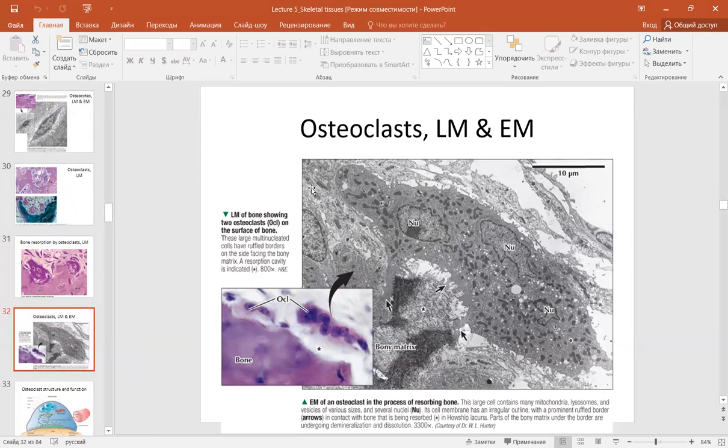And here are the sealing contacts, junctions, which seal the Howship's lacuna, preventing the resorption of the bone in any place other than the lacuna. Osteoclast on high magnification light microscopy: 1, 2, 3, 4, 5, 6 nuclei. Here you have another osteoclast, Howship's lacuna, and bone tissue which is subjected to resorption.